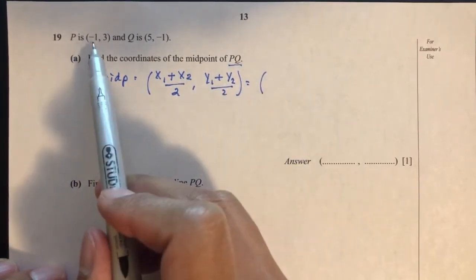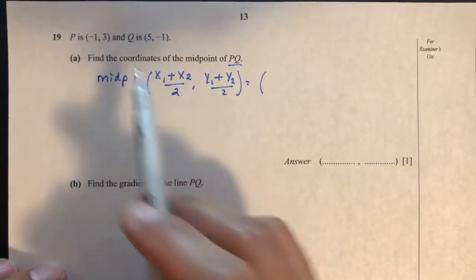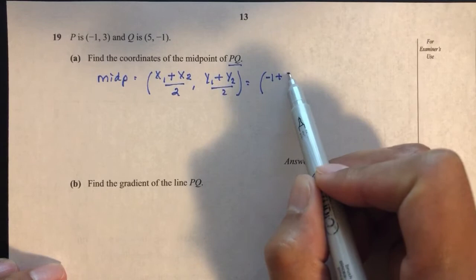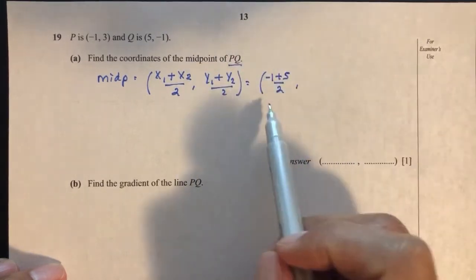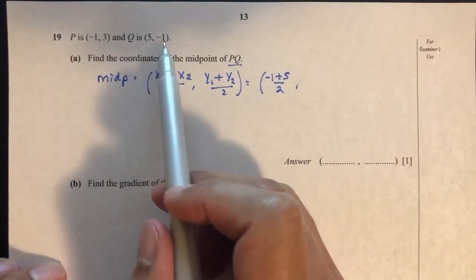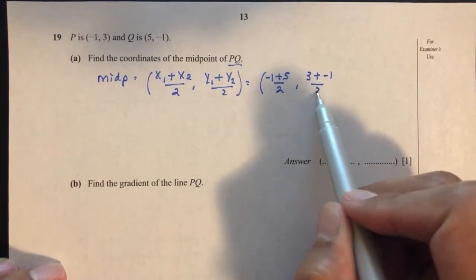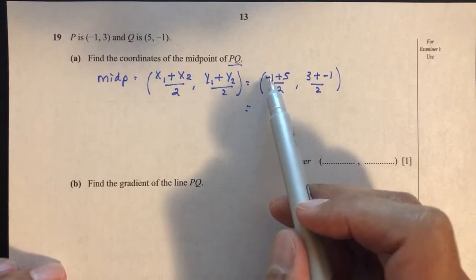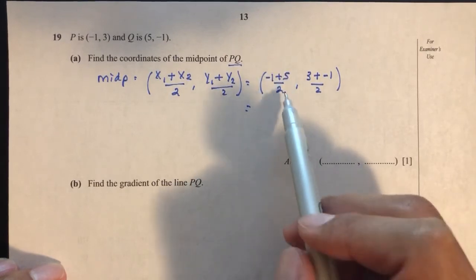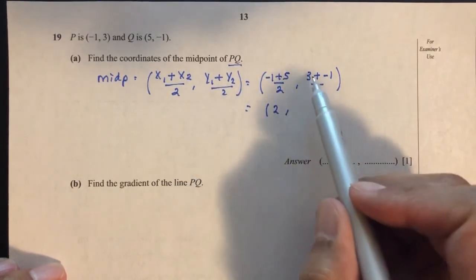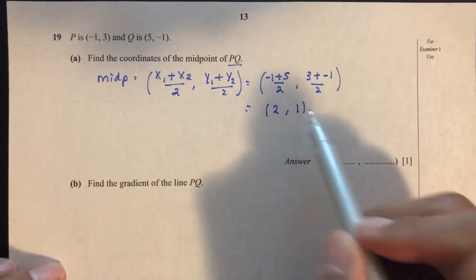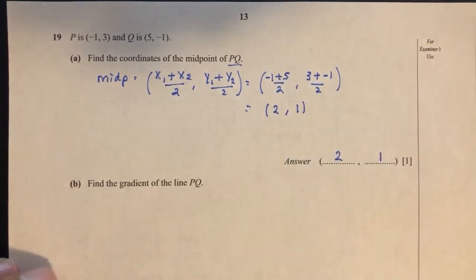So that is minus 1 plus 5 divided by 2 for the first coordinate, and the next one is 3 plus minus 1 divided by 2. So minus 1 plus 5 is 4 divided by 2 is 2. And 3 minus 1 is 2 divided by 2 is 1. So the midpoint is 2, 1.